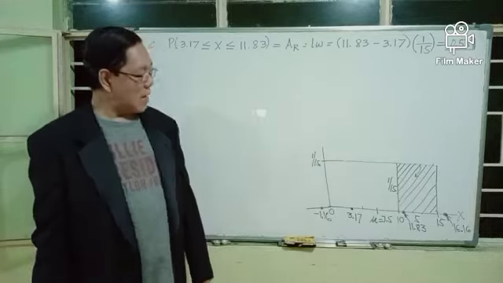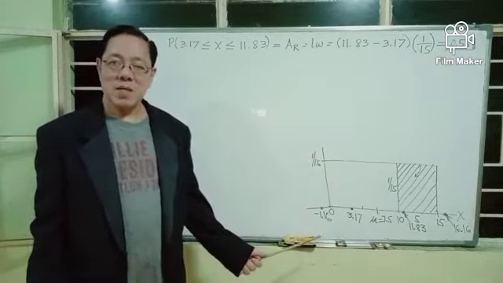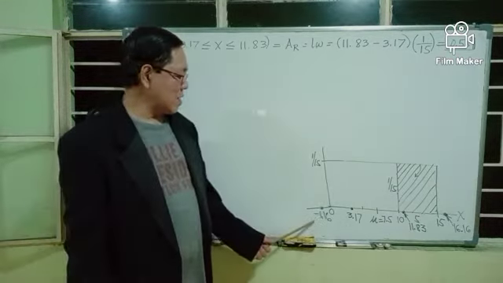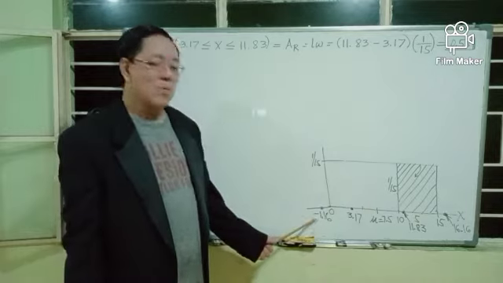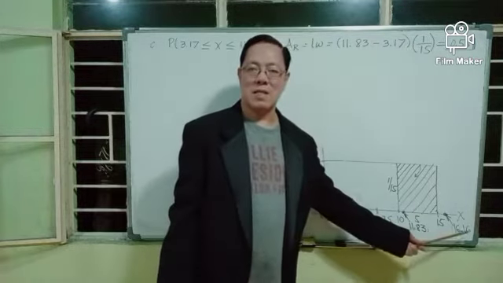The next part of letter C, we find the probability that the waiting time of the person waiting for the next bus to arrive will be between negative 1.16 and 16.16.